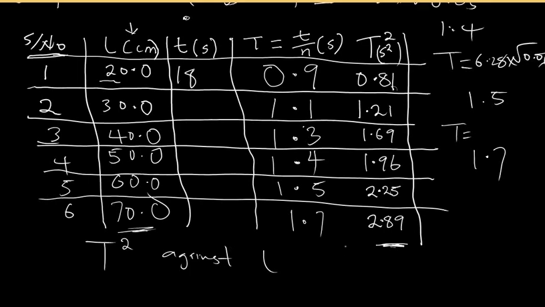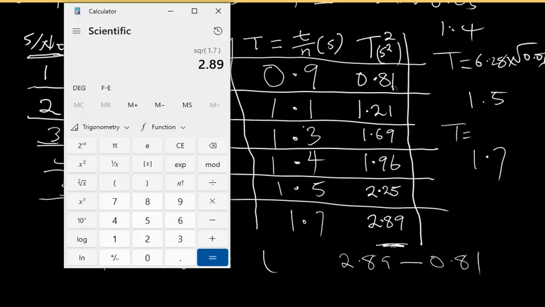The difference is 2.89 minus 0.81. Let's do that subtraction. 2.89 minus 0.81 is approximately 2.0.